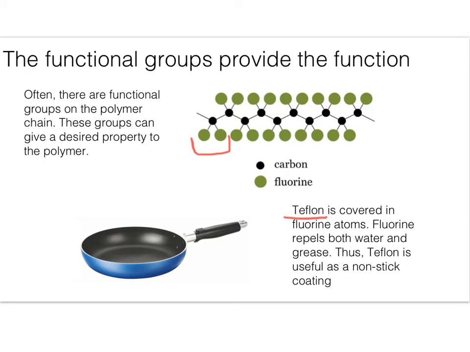Fluorinated polymers tend to repel both water and grease, and so we use a lot of fluorinated polymers on our non-stick coatings. Additionally, a lot of our active outdoor wear has fluorinated polymers. It's typically soaked in fluorinated polymers, and this imparts an additional amount of water repelling ability.